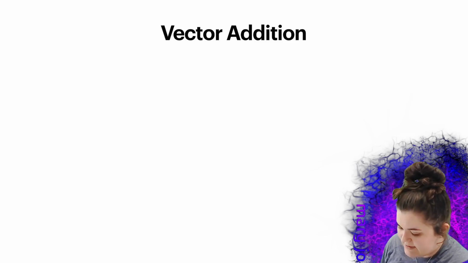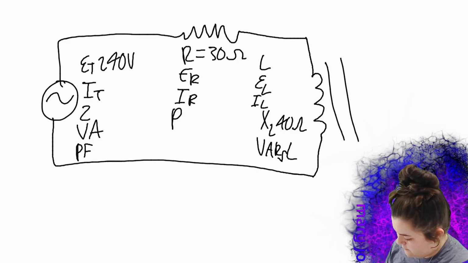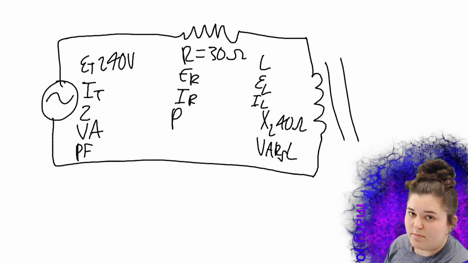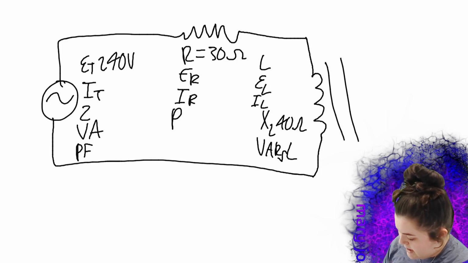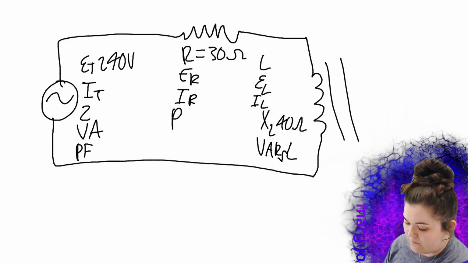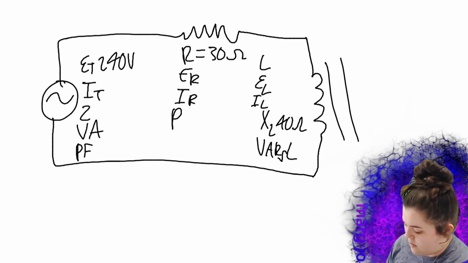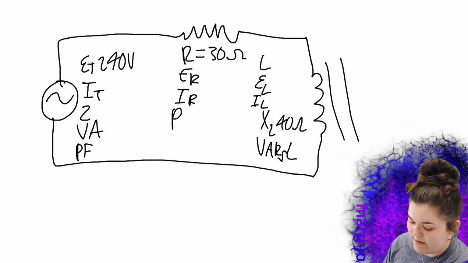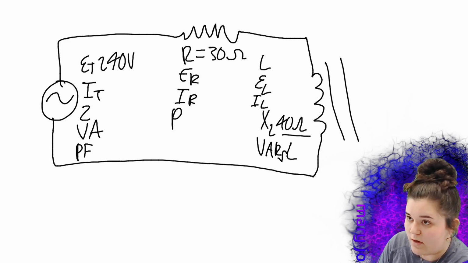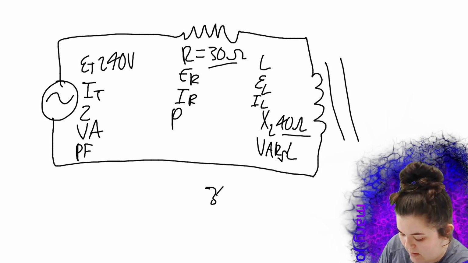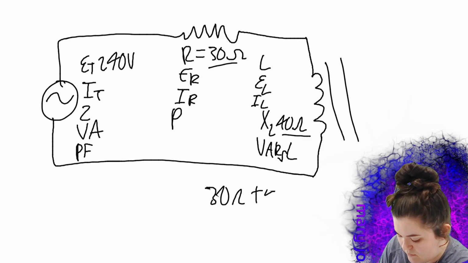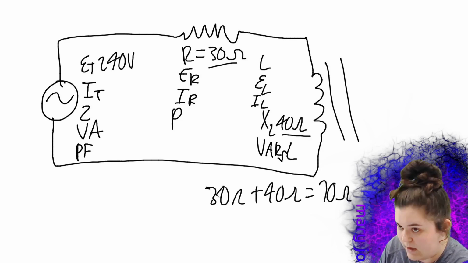But in an instance like the one I just drew, the total impedance, which is represented by Z, is the sum of the resistance and the inductive reactance. So it would first appear that the sum of these two quantities should be 70 ohms, because that would just be 30 and 40 added up, right? So you would think, okay, we just have a 70 ohm circuit.